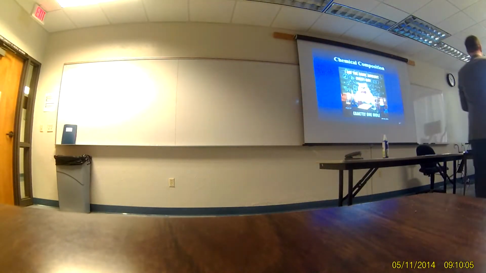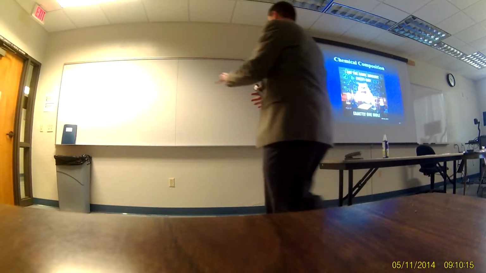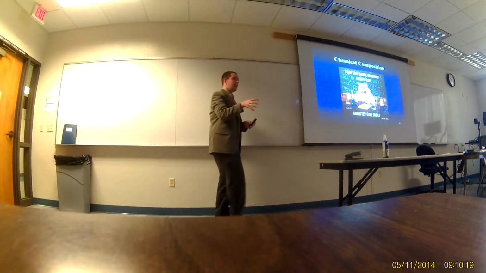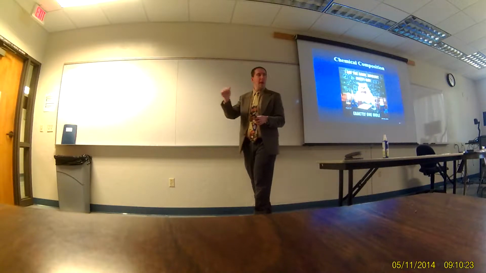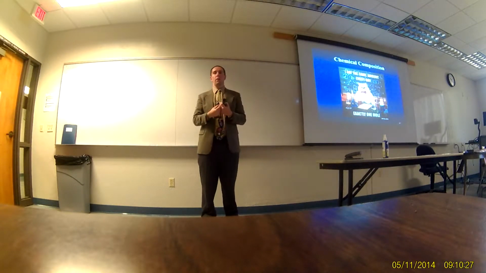For the first part of today, we're going to start looking more into the true meaning of what a chemical formula means. And today's lecture as a whole is going to take what we've learned about atoms and bonds and compounds and bring it into the real world.